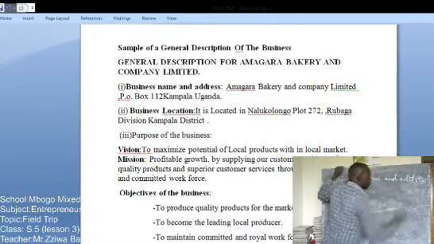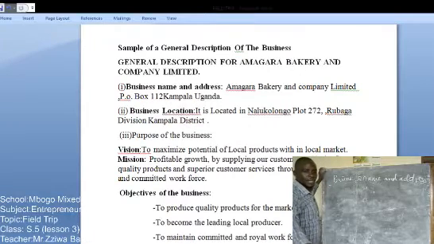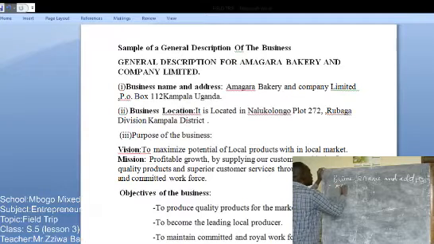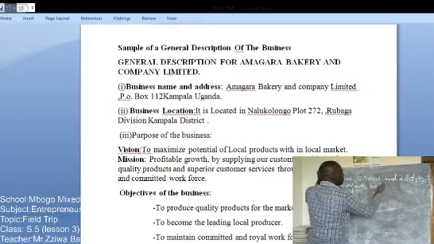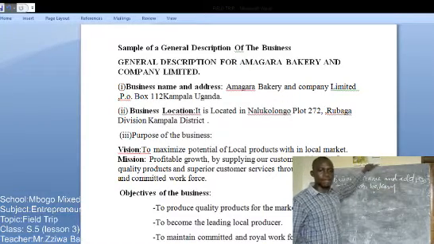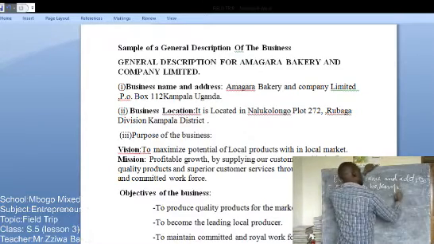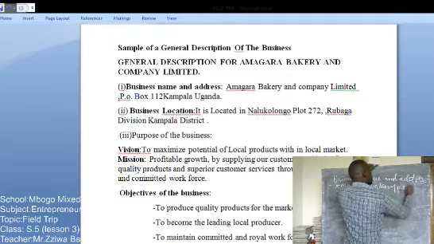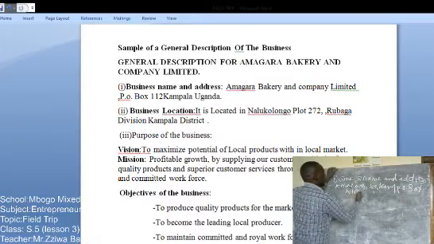Put a full stop or comma. Please give us the business name. You have said it is Amagara Bakery. Okay? Amagara Bakery, P.O. Box 2 Mitiana.